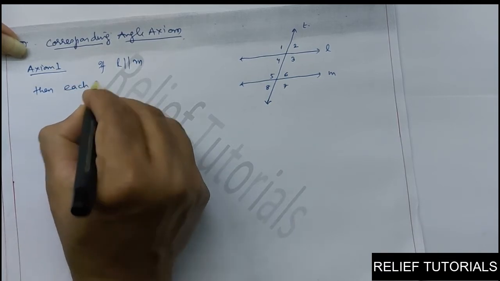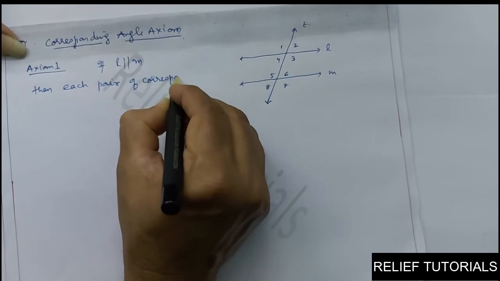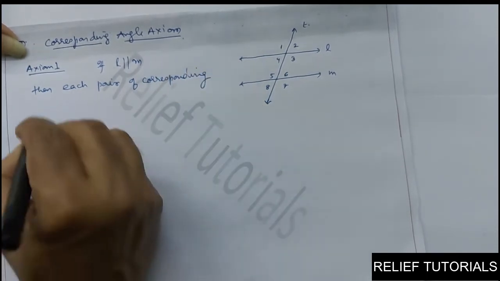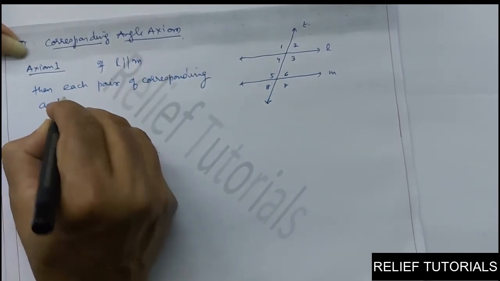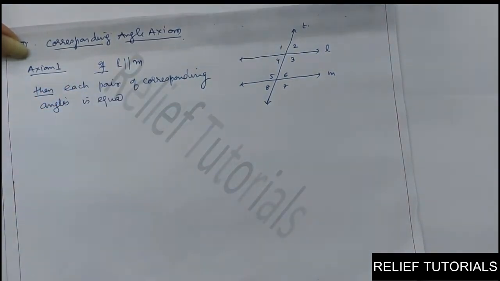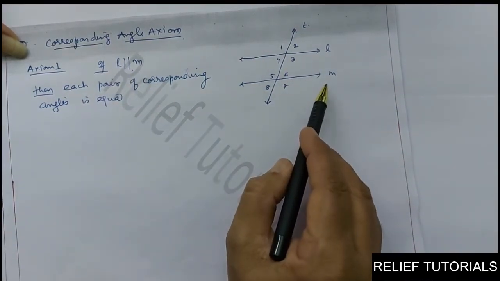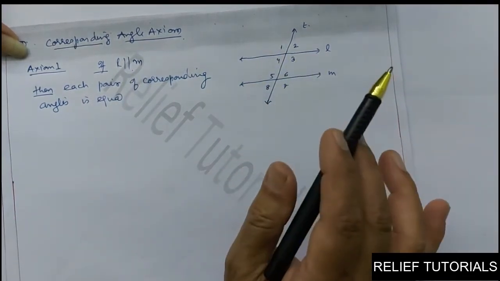Then each pair of corresponding angles is equal. See, this is the conditional statement, if and then. This is necessary: the lines should be parallel, then only corresponding angles are equal.